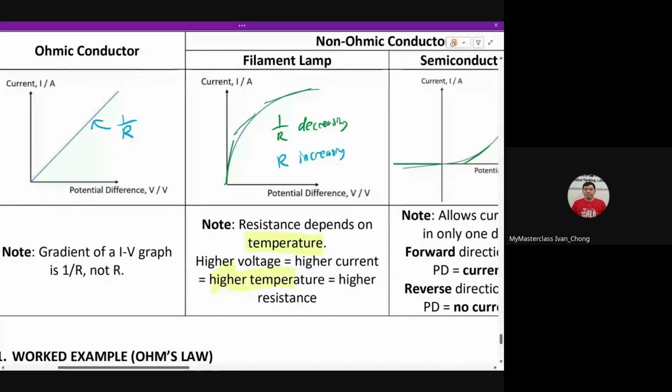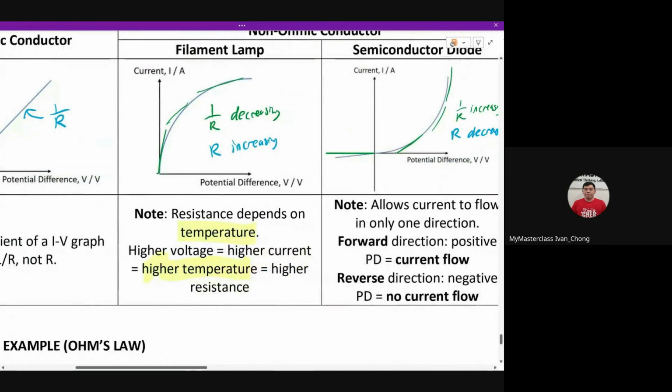The problem is, the higher the temperature, the higher the resistance. Because you have higher resistance, your current is affected. Okay, your current will actually decrease. So the higher you go, the less current you have, and the less current you have, you will also affect your brightness as well. So there's always a certain limit. Once you reach that limit, your light bulb explodes. Okay, so it's very, very dangerous.